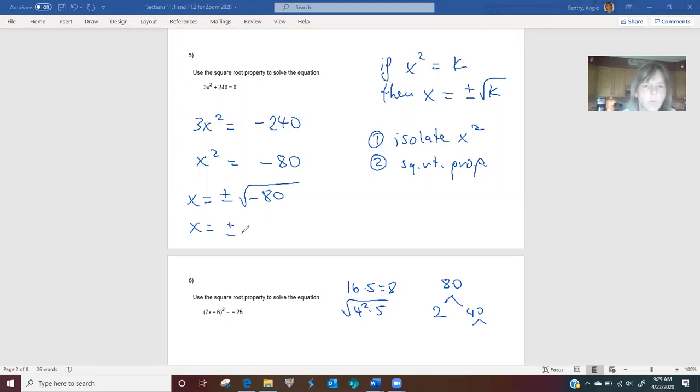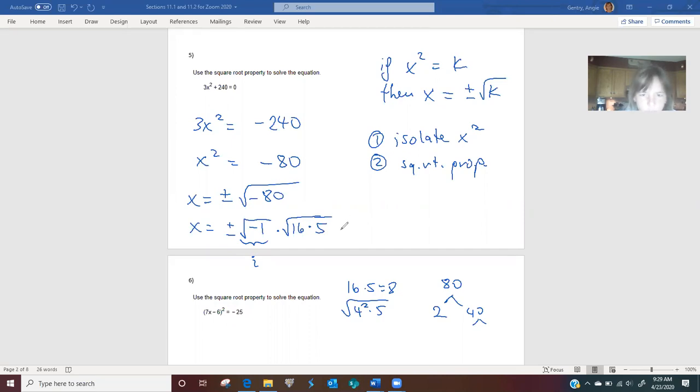We talked about this before, plus or minus the i. So we'll talk about how that's written, but this could be written as a square root of negative 1. And hang on, I'm going to show you as if you've not had that lesson before. This turns into i, right? And then we have a square root of, and 16 times 5 is 80.